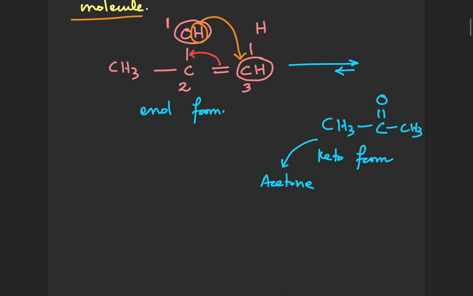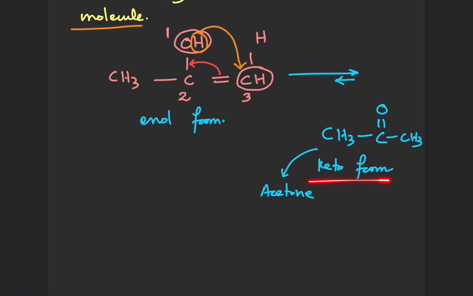One more thing is the keto form is more stable. Important. The keto form is more stable because of the greater strength of the new carbon-oxygen pi bond. This is the new carbon-oxygen pi bond that we formed. It has more strength compared to the original carbon-carbon pi bond in enol.